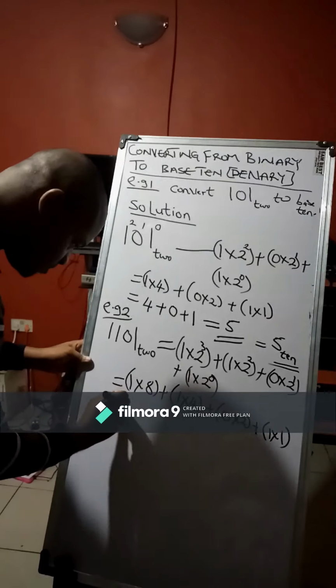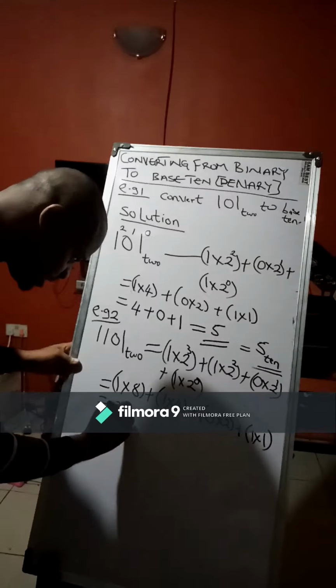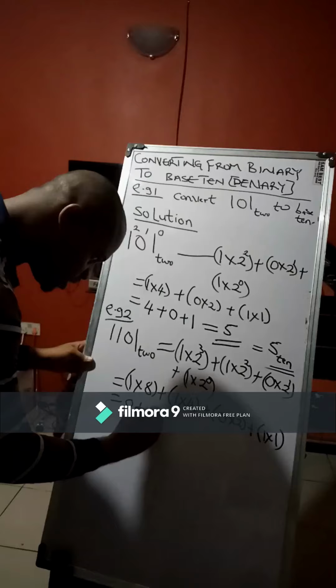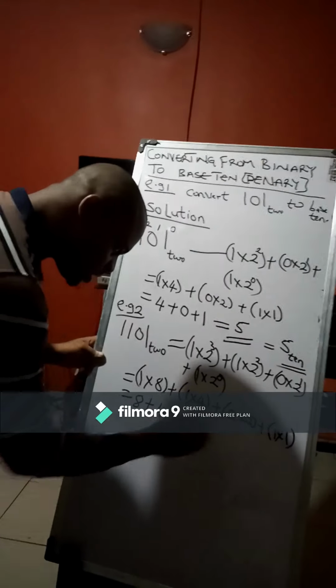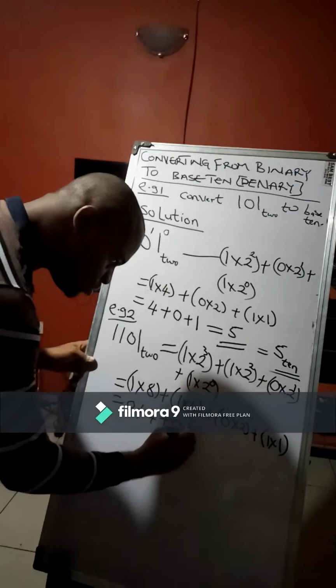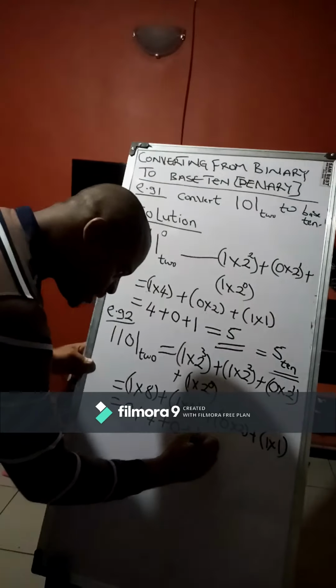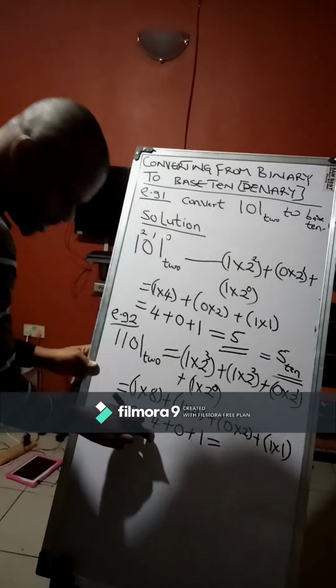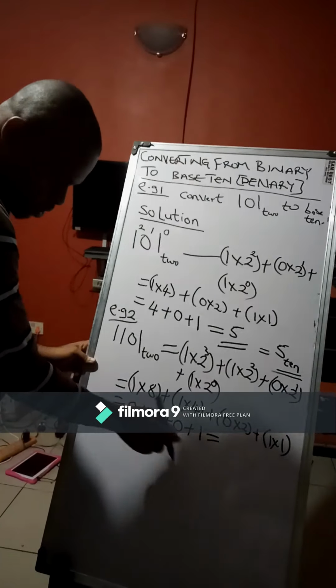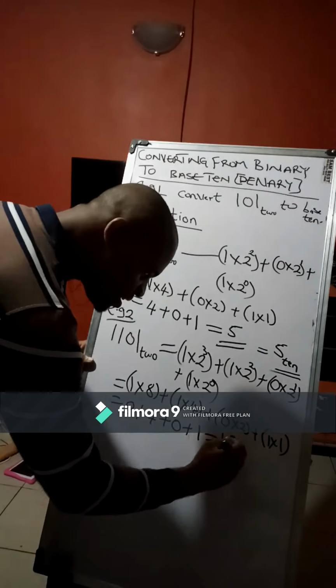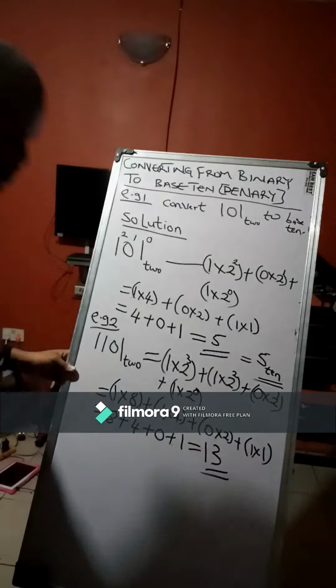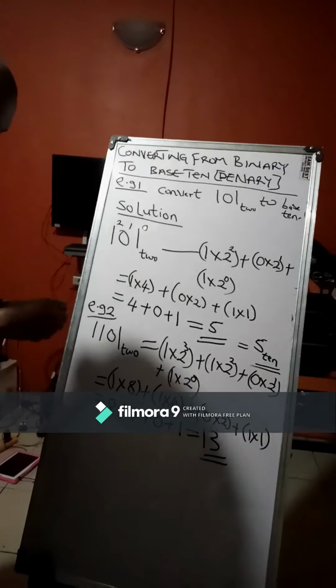So this will give me 1 times 8 is 8, 1 times 4 is 4, 0 times 2 is 0, 1 times 1 is 1. So this will give me 8 plus 4 is 12, plus 0, 12, plus 1, 13. This is our answer.